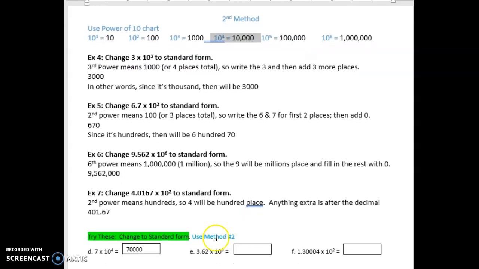Let's use that chart. There we go. All right, we've got 10 to the power of 3. So 3.62 times 10 to the power of 3. Well, anything to the power of 3 is the thousand spot, so automatically I know this is going to be 3,000 and whatever is behind the decimal, filling in with that extra 0 as the place value.